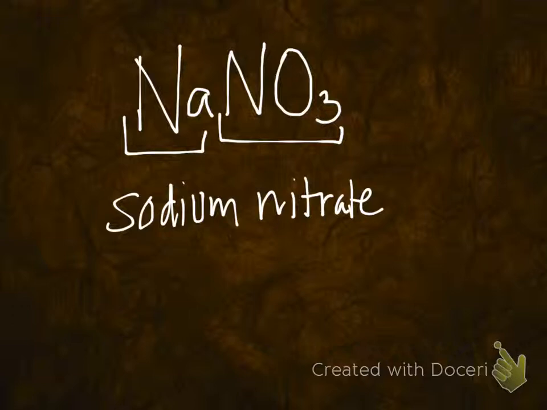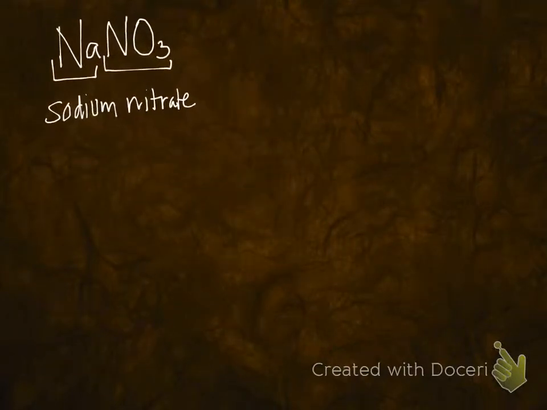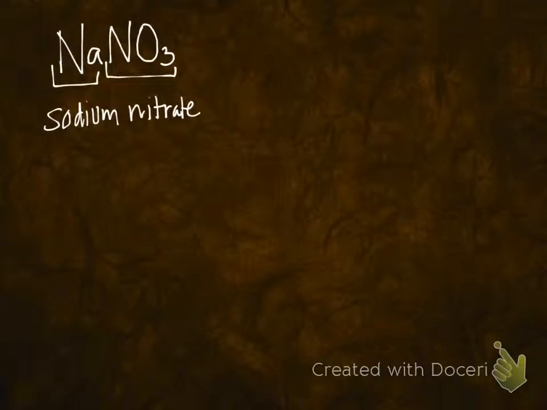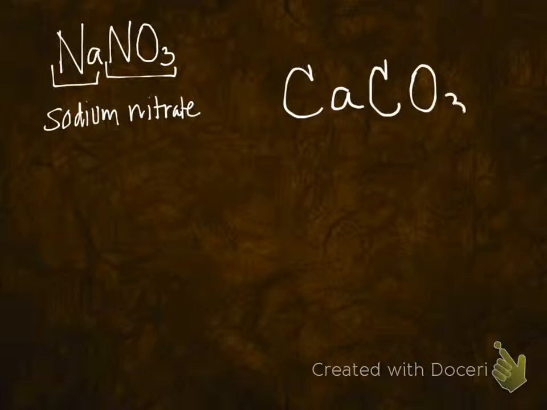Wonderful. Okay, let's do a couple more. Let's make them a little bit more interesting. So here's a good one. Okay, we've got CaCO3. First piece is to identify which is part of a polyatomic ion. Obviously, that CO3 is a polyatomic ion. So what's the name of the first ion here?